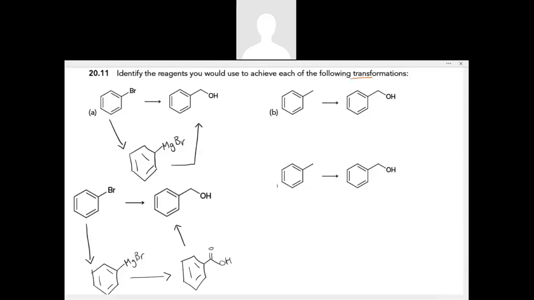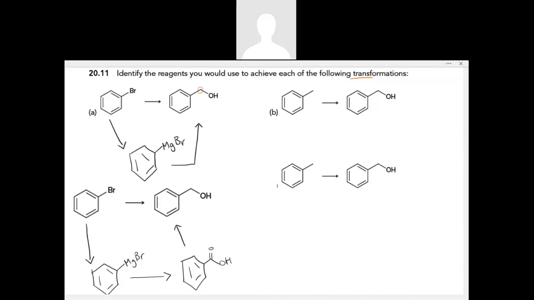So in Part A here, in our first example, we could first create a Grignard reagent because both our product and our reactant have the same amount of carbons, except for this additional one here.